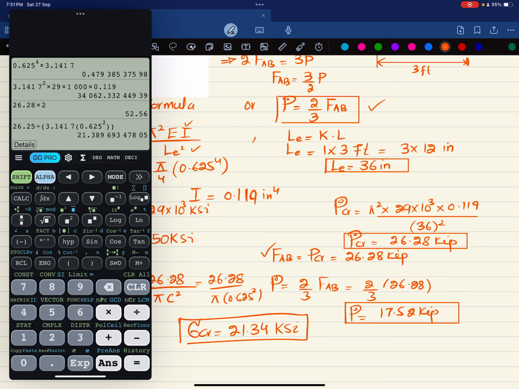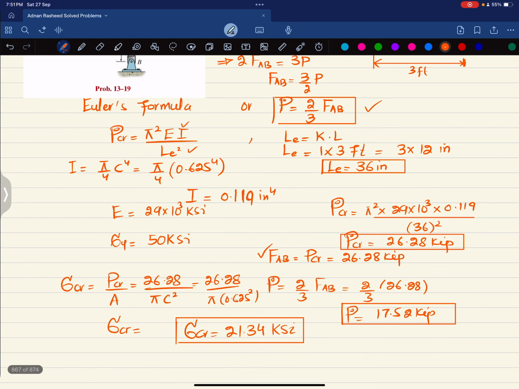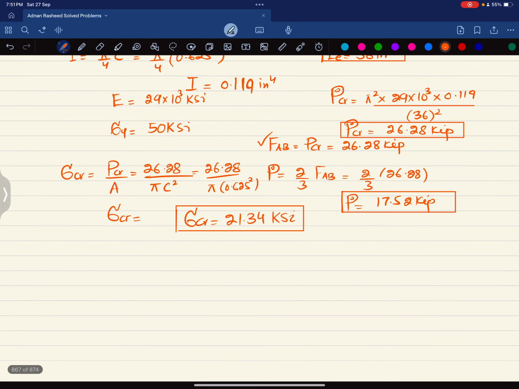Okay, now we have this critical stress. We will check whether this answer is correct or not. For that we must know that critical stress should be less than yield stress for Euler's formula validation. So if this is validated, then our answer is correct.